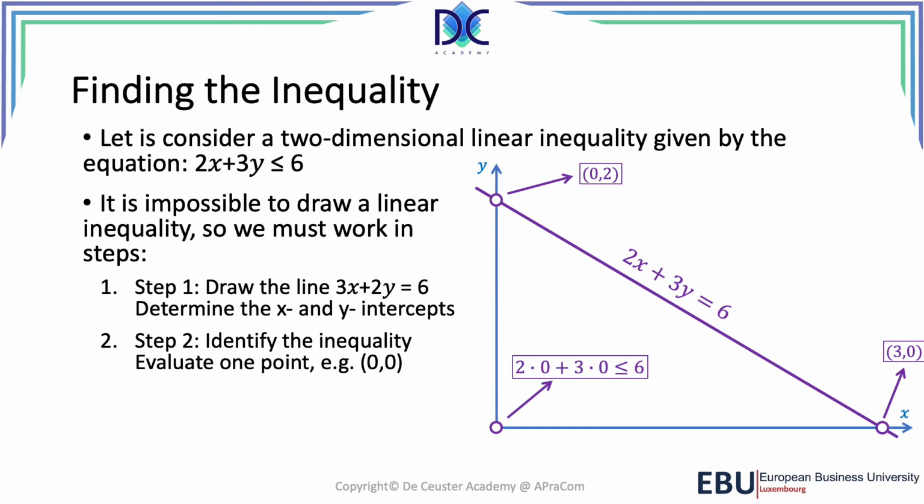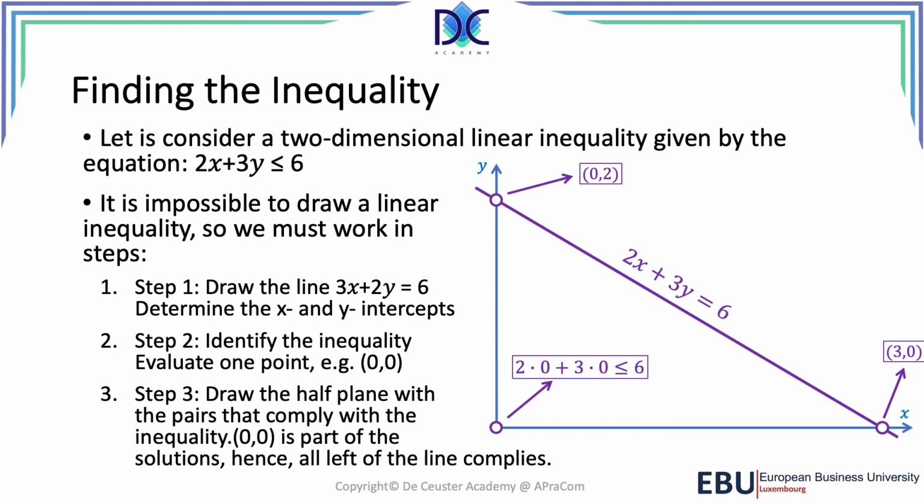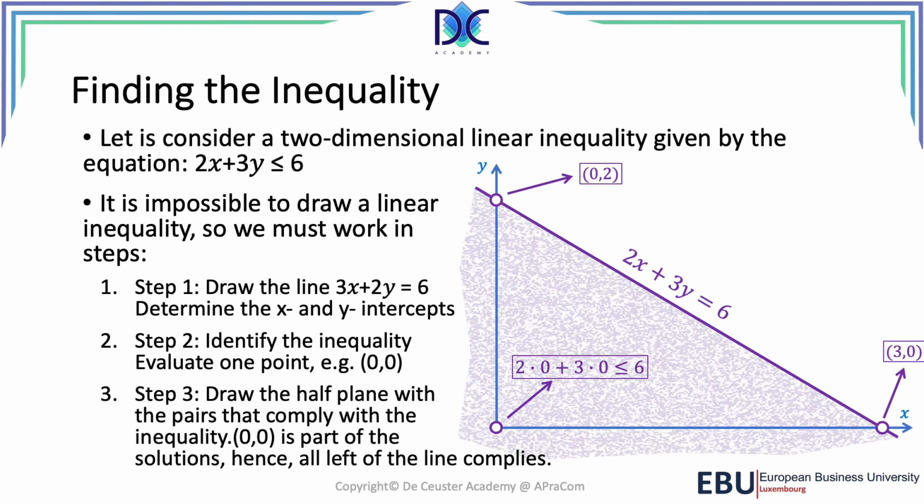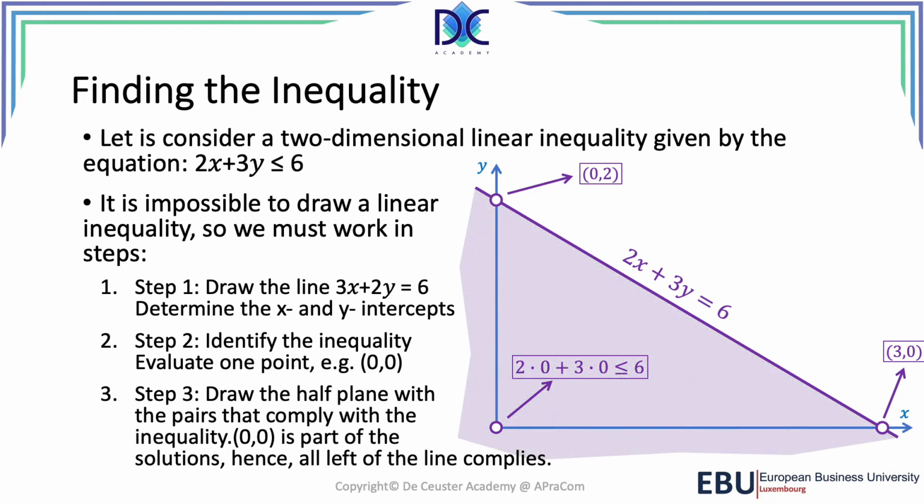So basically (0, 0) is part of the feasibility zone of the half plane that complies with this condition. So now we can draw that half plane, and this is in fact the entire zone of points x and y which comply with the inequality.